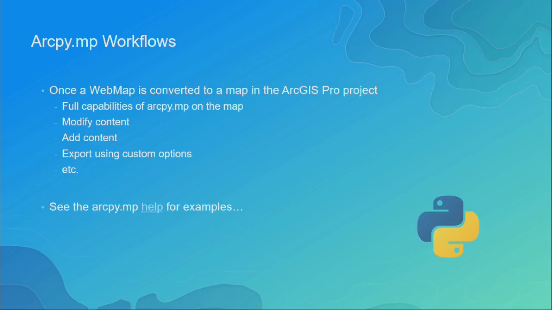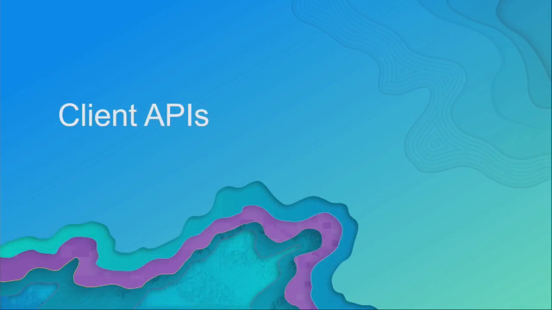That's one thing we really haven't talked about yet, but the export methods in arcpy.mp have some custom options for the various file formats that you're exporting to, and you may want to tweak those depending on your scenarios. And we heavily urge you to read the help as I just showed.